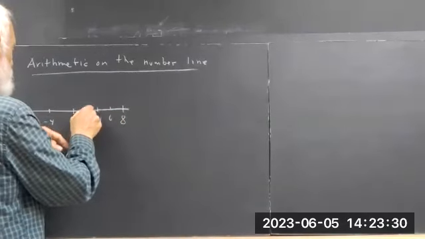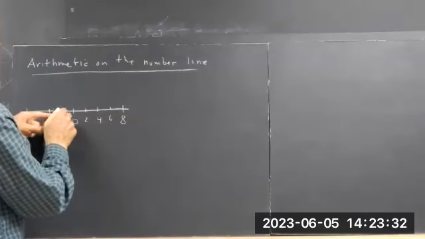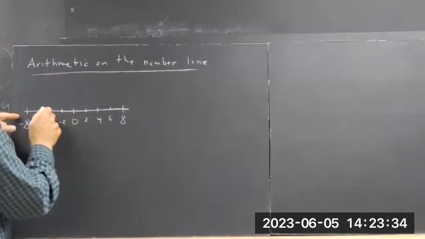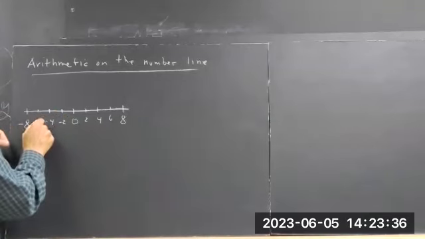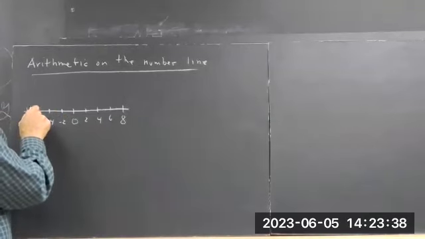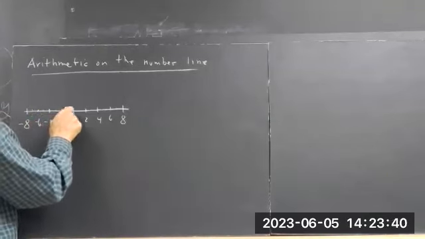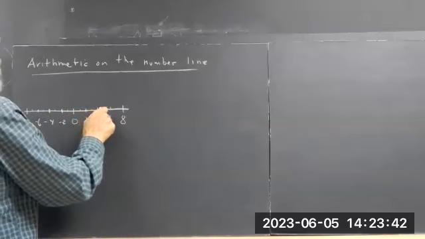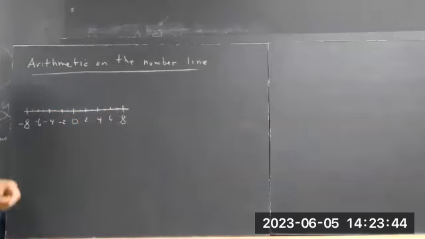Divide this interval in half, I get 2. This interval in half gives me -2. This interval in half gives me -6. And then, of course, I have my units in between. Okay, well, there's a perfectly good number line, at least from -8 to 8.